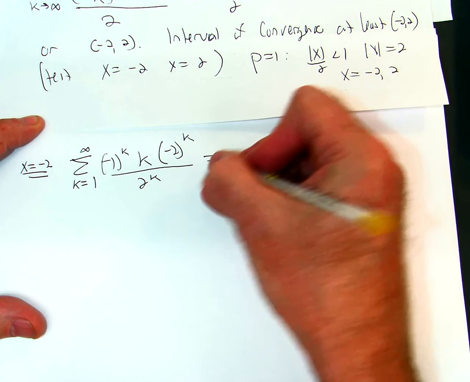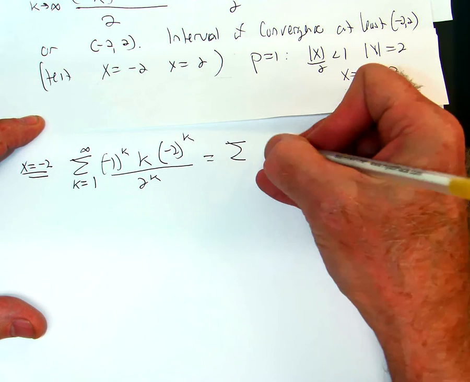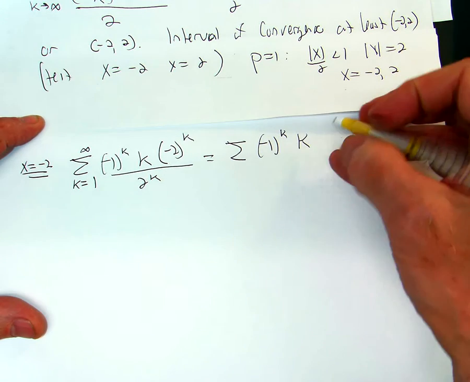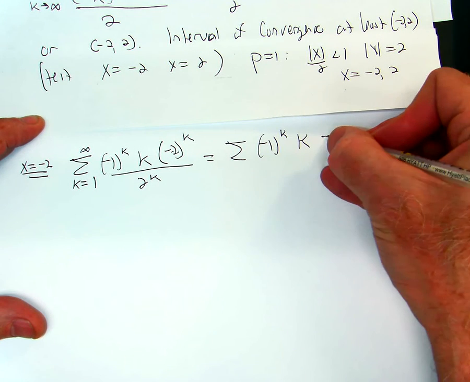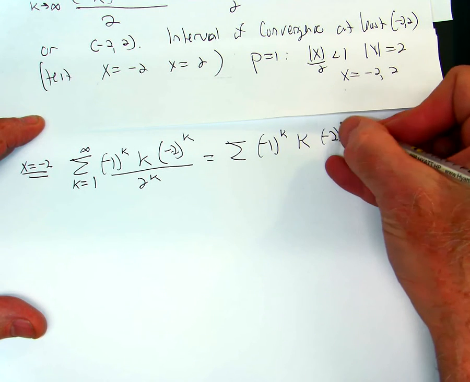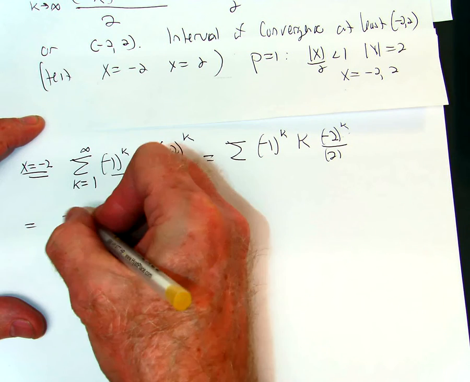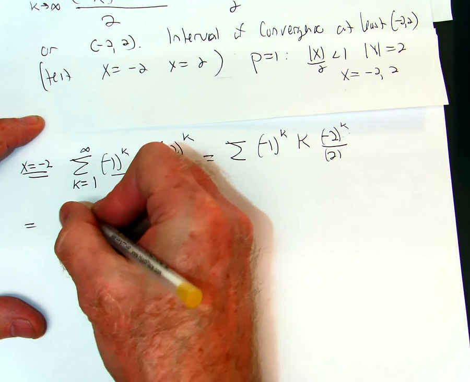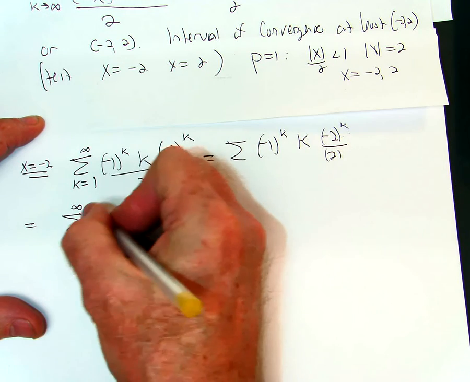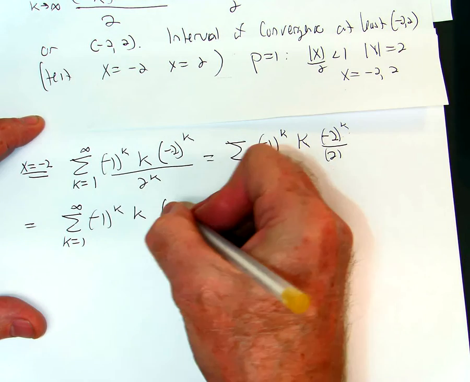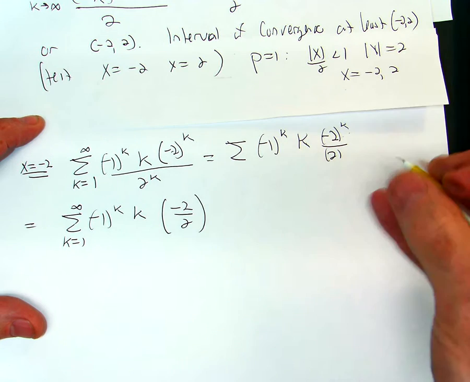So simplify, this is going to be minus 1 to the k. I get a k here. And then what I'm going to get is minus 2 to the k over 2 to the k. Well, that's going to be minus 1 to the k. So I get the sum from k equals 1 of minus 1 to the k, k, times minus 1 to the k.